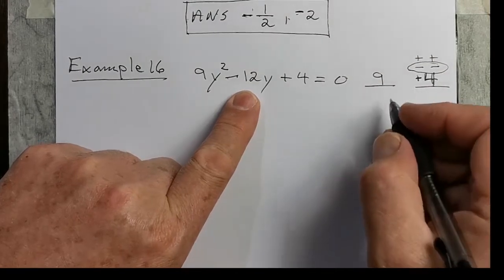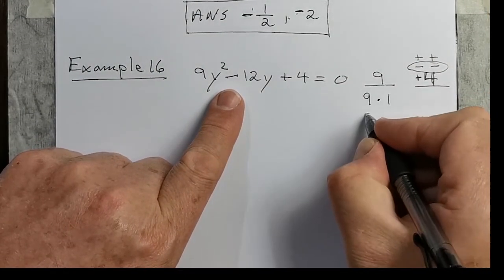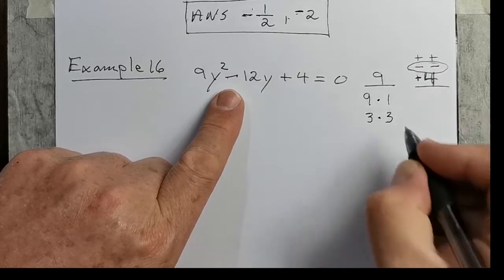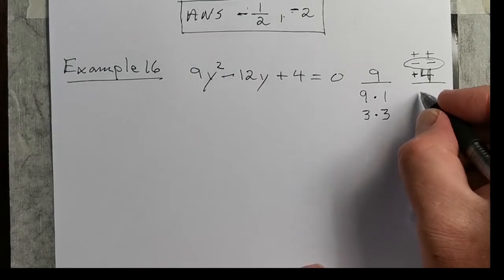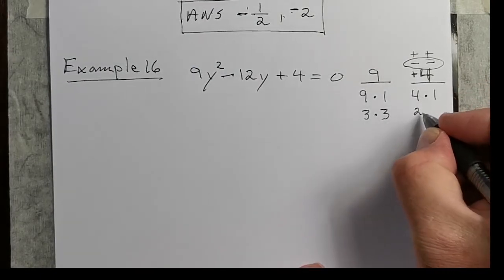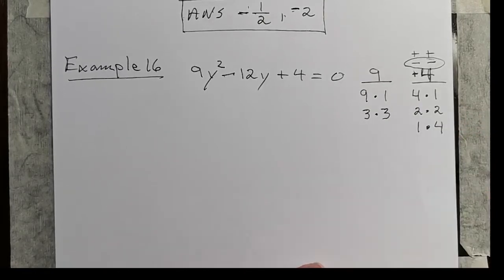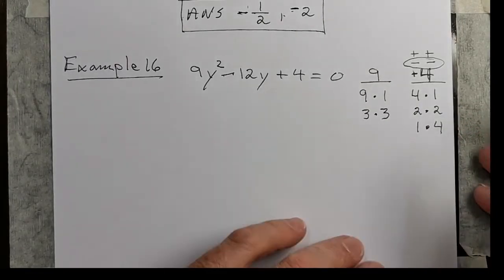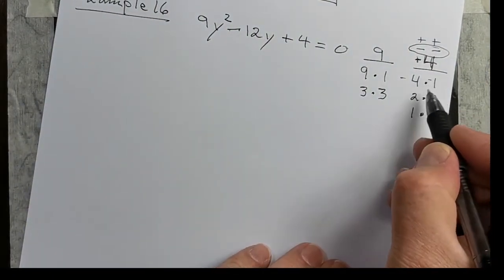12 out of that. So what are the factors of 9? Well, 9 times 1, 3 times 3. Okay. What are the factors of 4? 4 times 1, 2 times 2, or 1 times 4. Outer plus inner must be negative 12. Remember, these are both going to be negative.